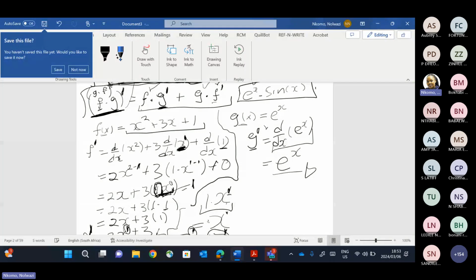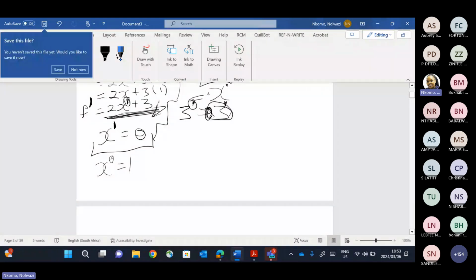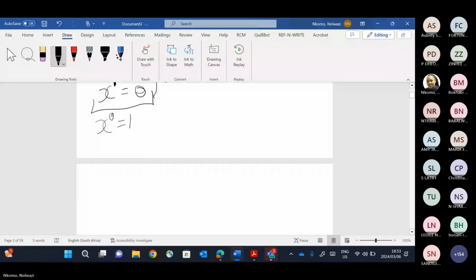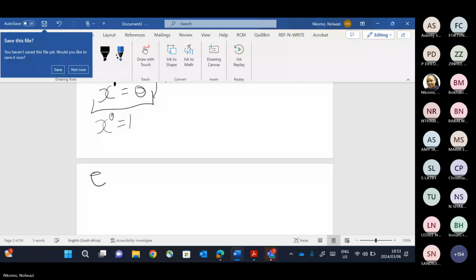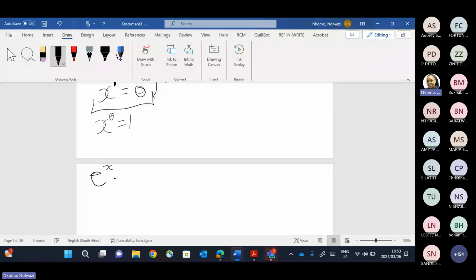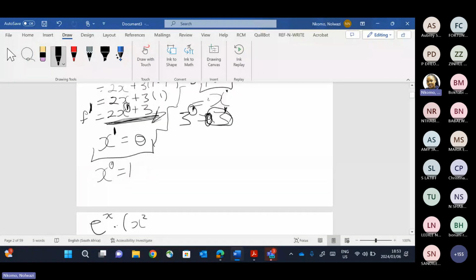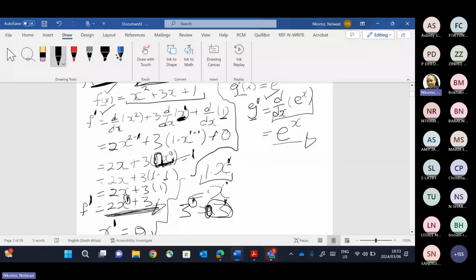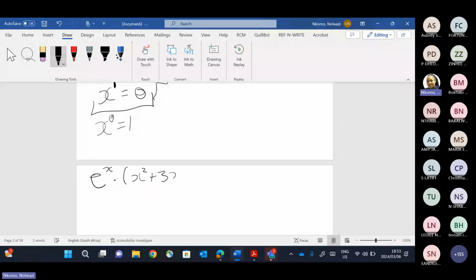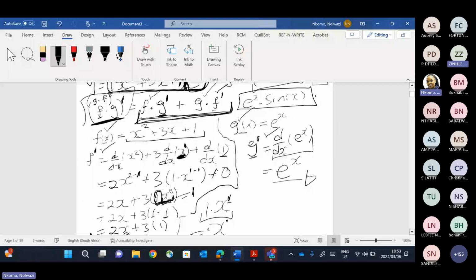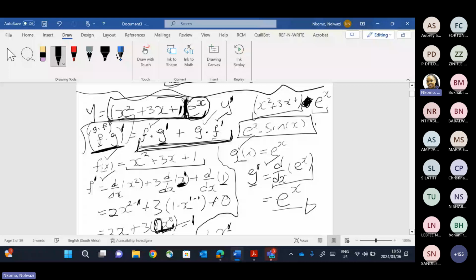Okay, f times the derivative of g. The derivative of g is e to the power x. E to the power x times f. Our f is x squared plus 3x. Is it minus 1 or plus 1? Okay, then let's just say plus 1.